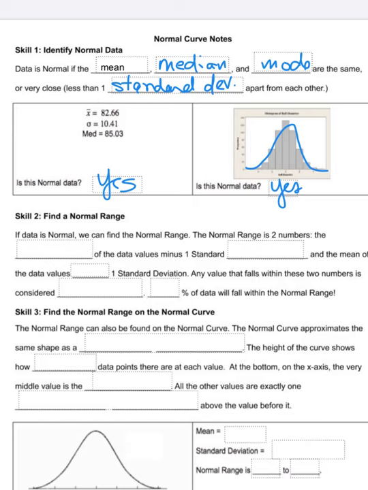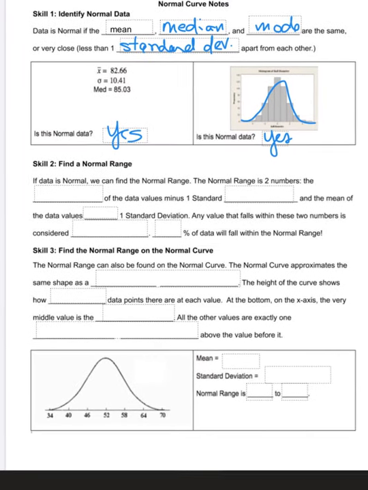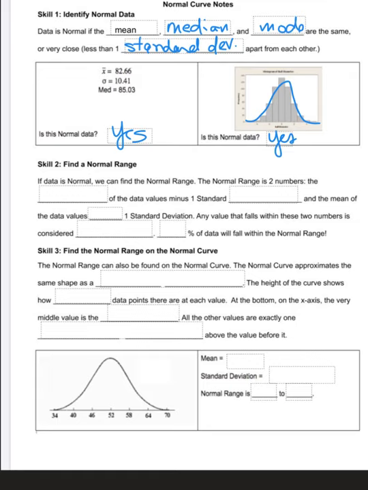So when we have normal data, we said we can find the normal range. So if data is normal, we can find the normal range, and the normal range is 2 numbers. We took the mean of the data values minus 1 standard deviation, and we took the mean of the data values plus 1 standard deviation.